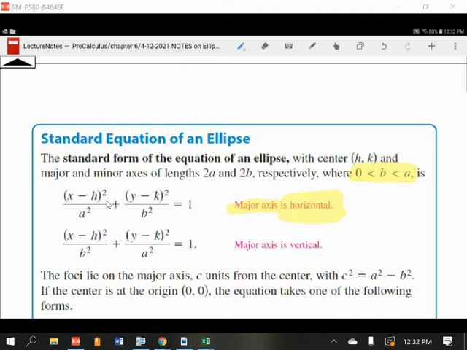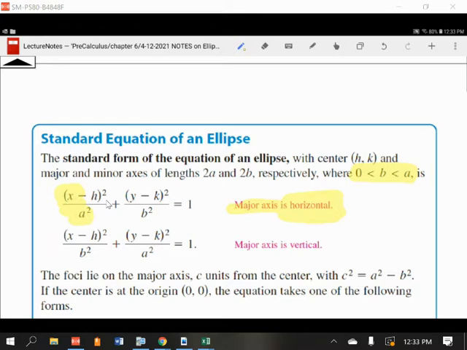Look at the letter a in the equation on the left. Notice how the letter a is underneath the x variable. And the x variable is the horizontal axis, right? So if a is bigger than b and a is with the x variable, then the ellipse is horizontal.